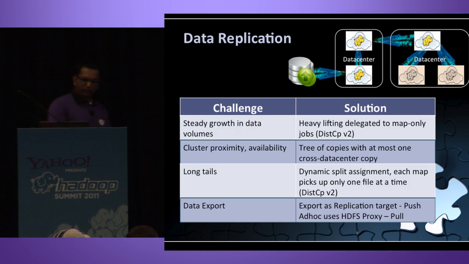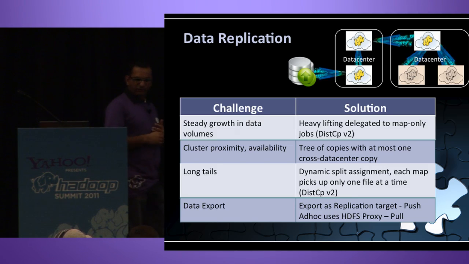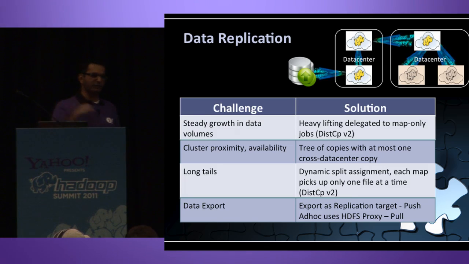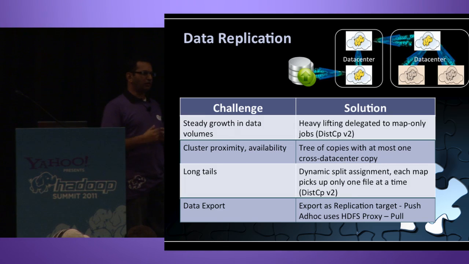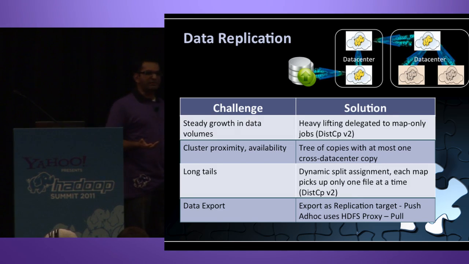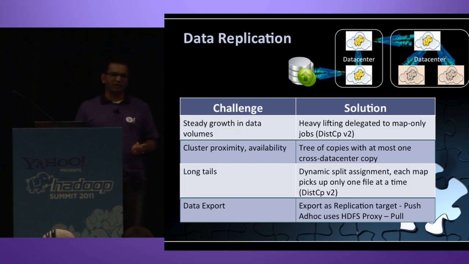So for data export, we support both models, push and pull. In push, we've implemented it as a target and replication. So data gets pushed and copied to an external system. But we also have another tool called HDFS proxy. This is an HTTP RESTful API over HDFS, and it provides a full file system API, so you could do full read and write.